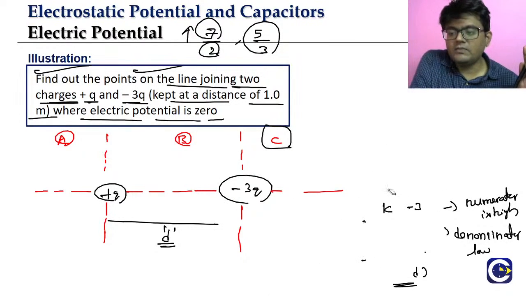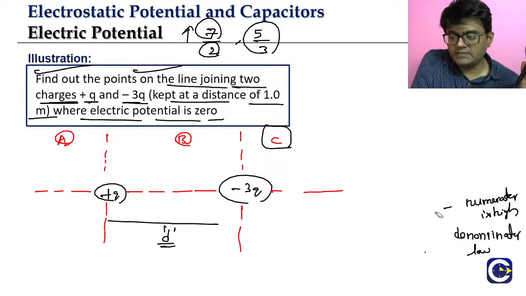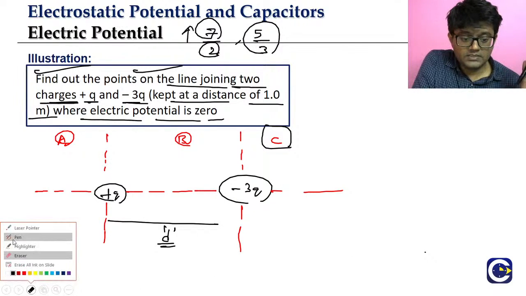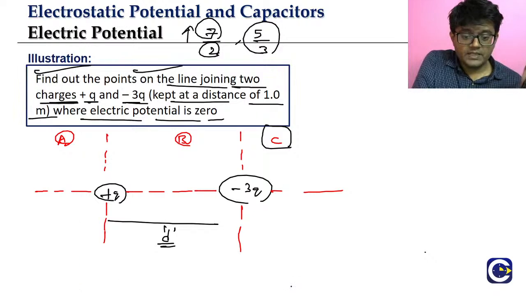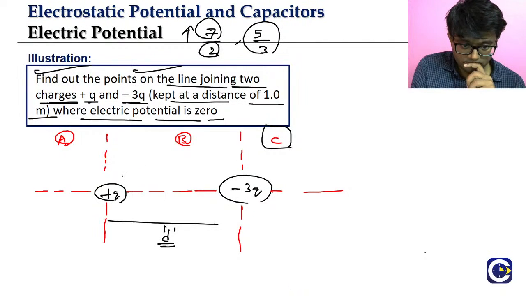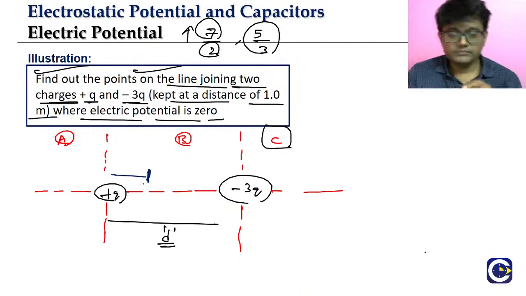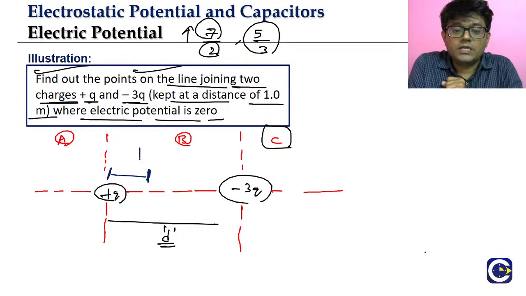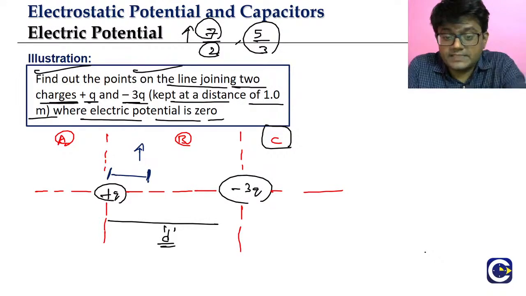Next, we will go to region B. In region B, we will have a chance for the potential to be 0. How? When we are going closer to the positive charge, the potential because of the positive charge will be increasing.